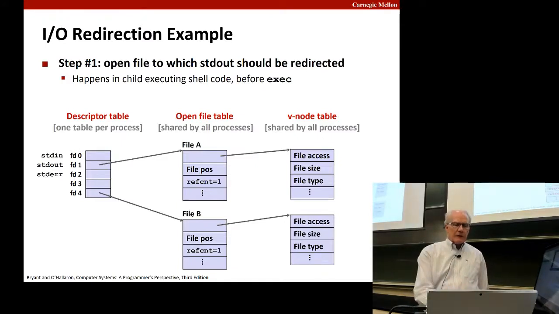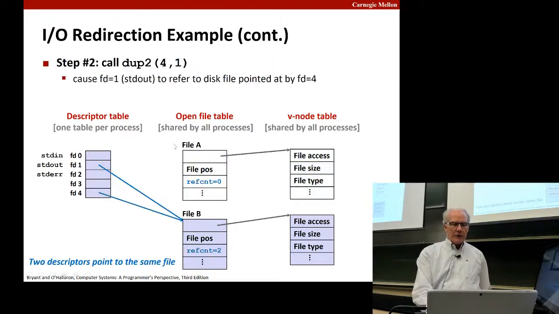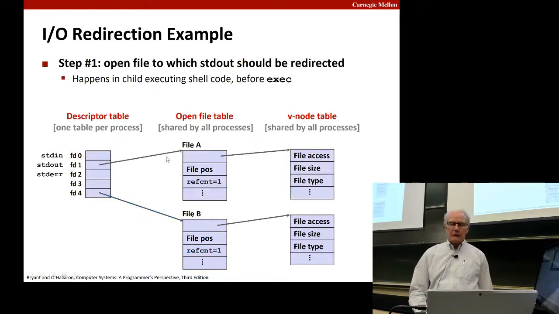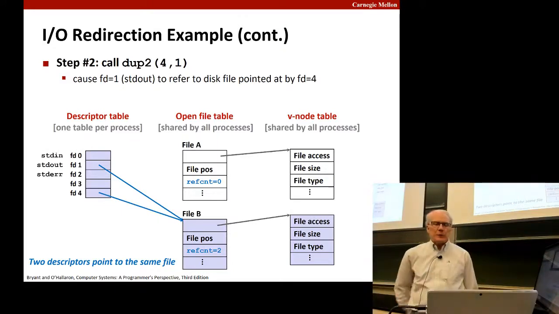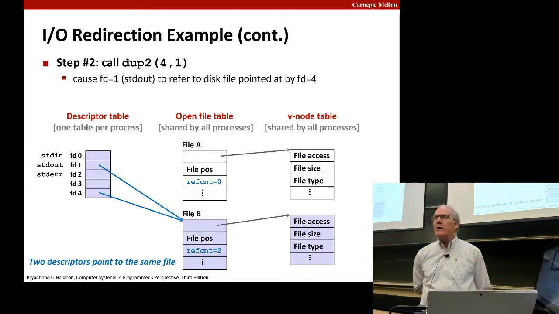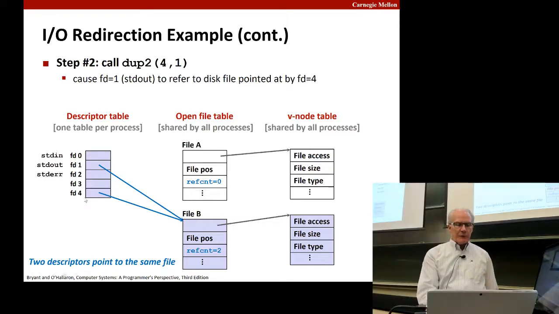Just imagine I want to implement redirection. So I start off with standard output just at wherever it normally is. But if I say dup2 and give as the second argument 1, or standard output, then what I'm doing is shifting the standard output away from its terminal output to a file. And that file will be whatever file descriptor 4 tells me it should be.